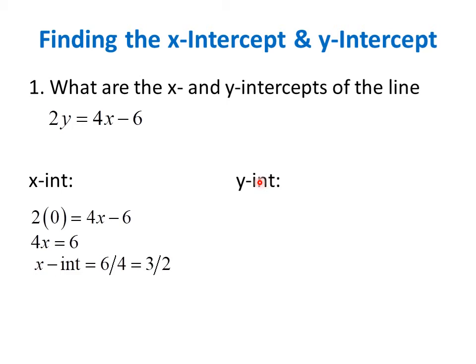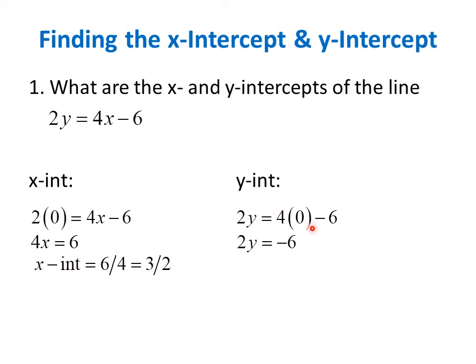To solve for the y-intercept, this is a y value, so we make x 0. So we have 2y, we copy the left side, equals 4x. That becomes 4 times 0, and then minus 6. Well, the y term is already isolated, so we simplify the right side.